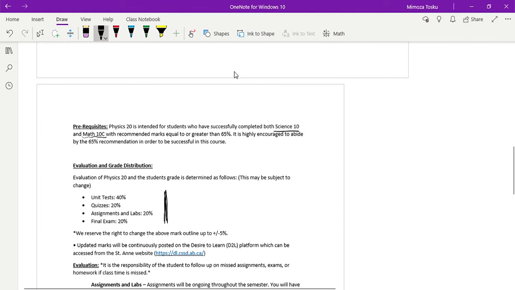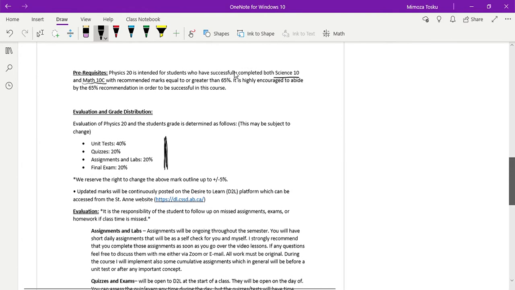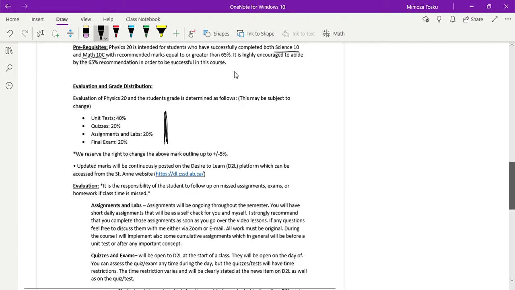Labs and assignments will be 20%, and what will consist on those assignments are those daily assignments, so that you will have to complete after you see the video lesson. And then the final exam, which for the day, we don't know yet when will it be exactly, but will be announced to you.